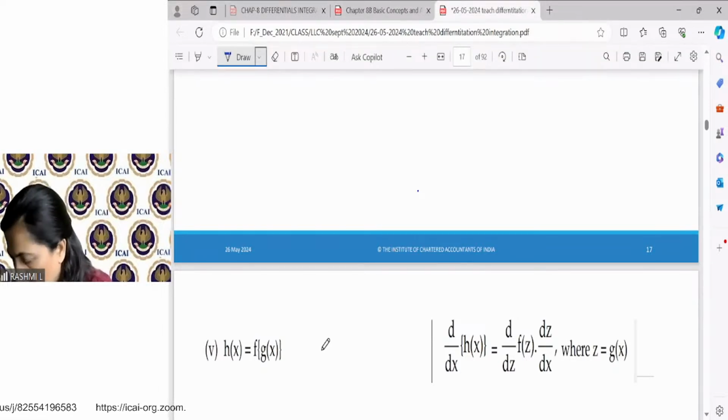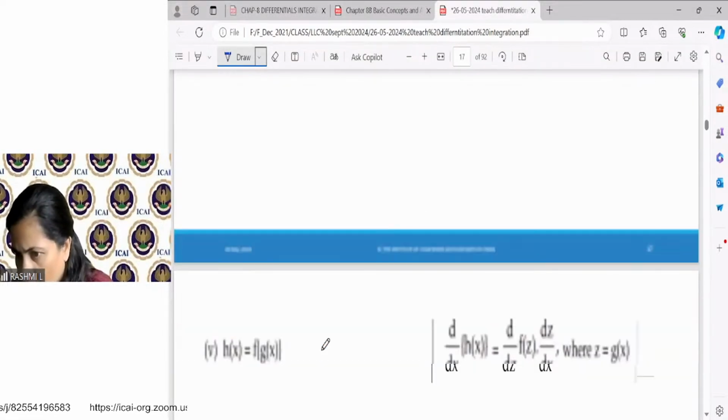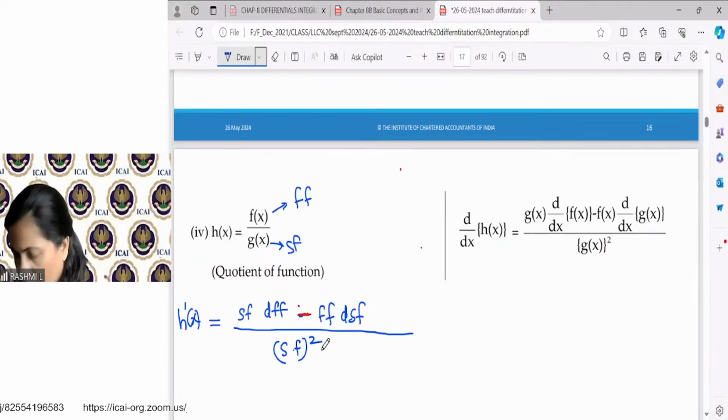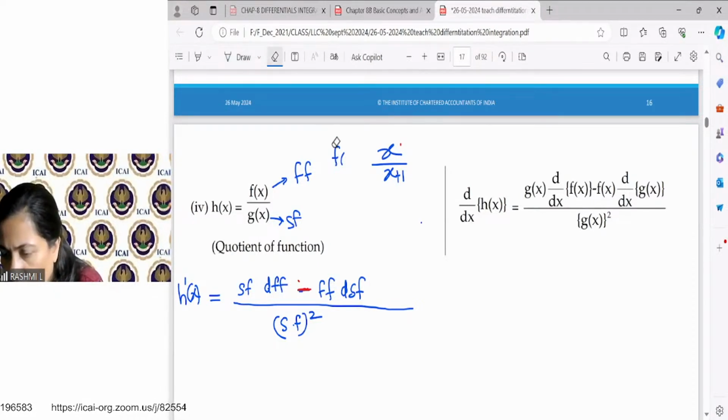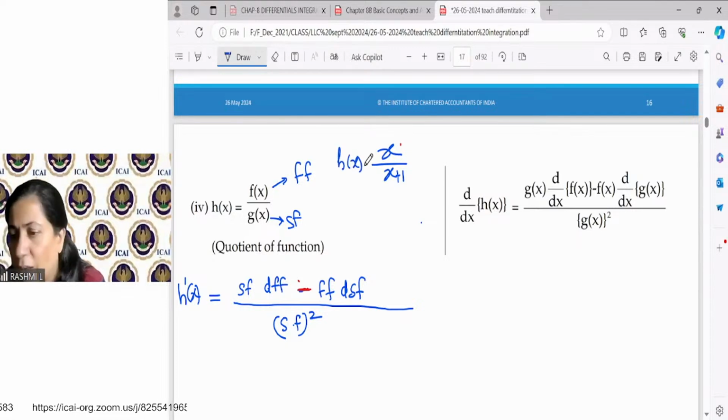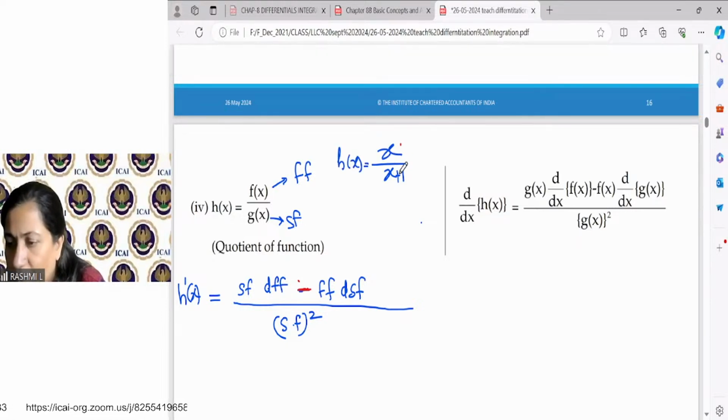Quotient function, okay, Reshma. See, quotient function is this one. Suppose I have the function x upon x plus 1. If my hx is given by this, then this is a division of two functions, that is a quotient of functions. So this is called my first function, and this is the second function.